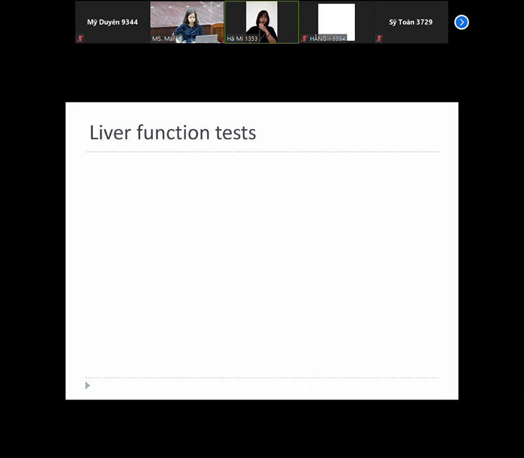Excuse me. Measure the severity of a disease, particularly scarring of the liver, and finally monitor possible side effects of medication.